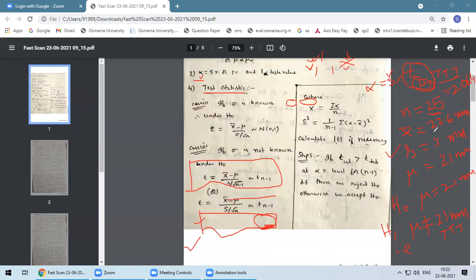I know the x bar value, 22.6. I know the mu value, 21. I know the s value, 3. I know the n value, 25. Just substitute in this formula, simplify it, and tell me the t value. Anybody can simplify and tell me?